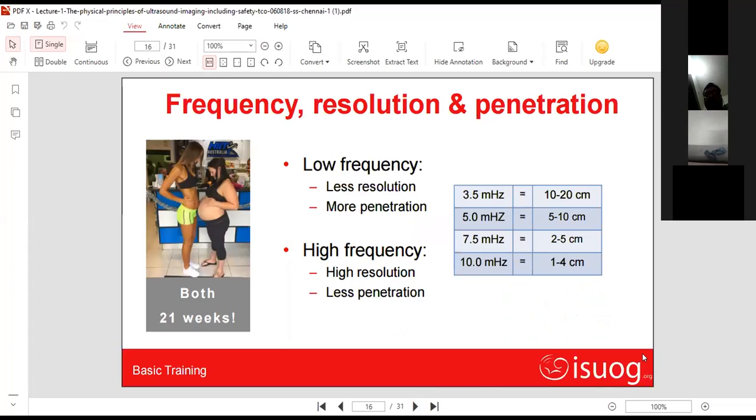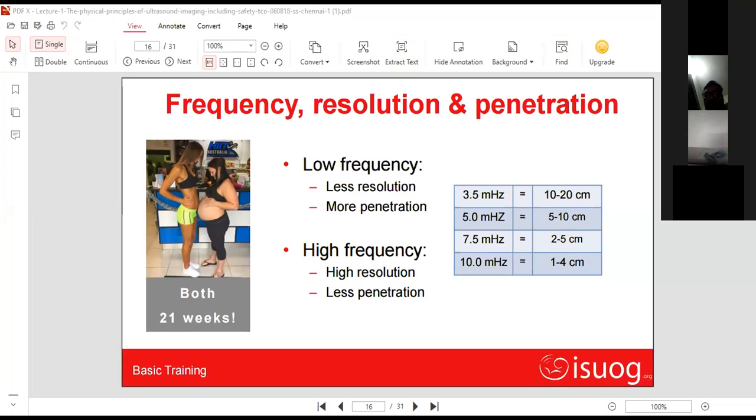Now, frequency, resolution, and penetration are highly related. As this diagram shows, we can see here two women, and both are pregnant by 21 weeks. So we use low frequency in high BMI patients, and of course there is a trade-off.